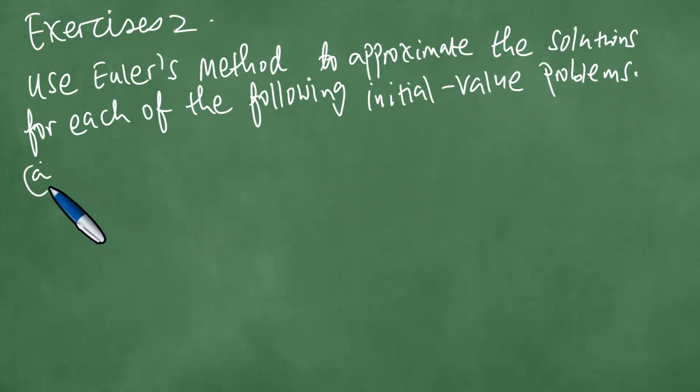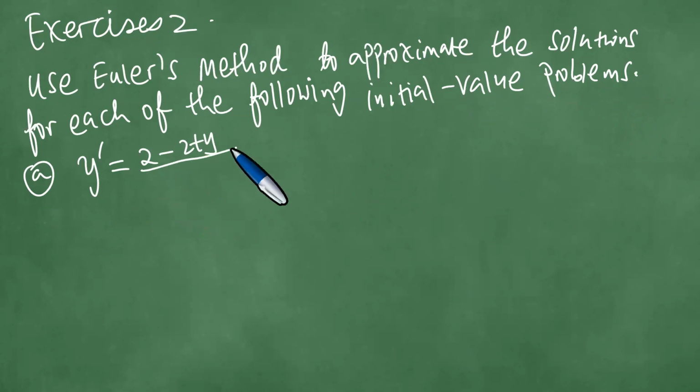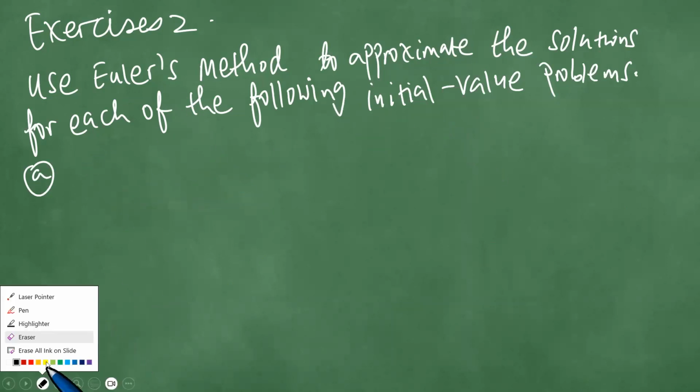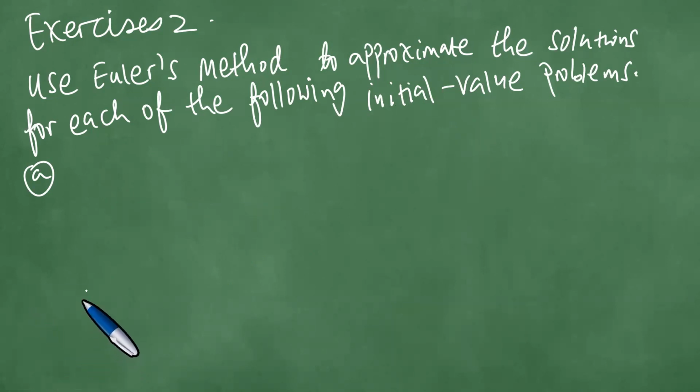Right, so if you look at part A, which is 2 minus 2ty. Okay, just try to write this a bit more horizontally. It's too tilted. I'm just going to do one or two of these and then move on to the next section.